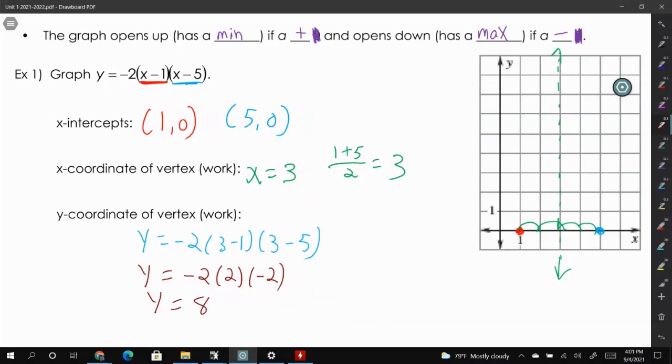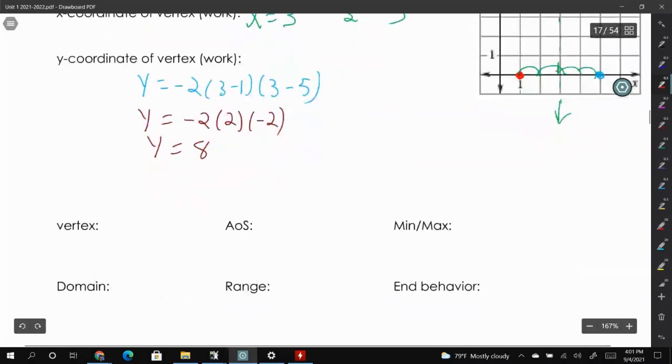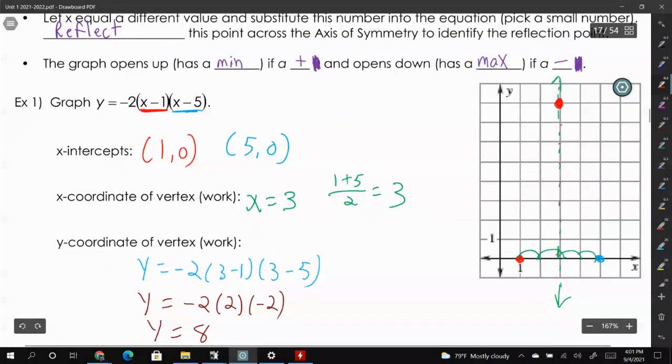So the y-coordinate of the vertex is 8. The x-coordinate was 3, so our vertex will be at 3 comma 8. So we can write that down here: 3, 8. Axis of symmetry was x equals 3. This has a maximum value at y equals 8. We saw that up here.